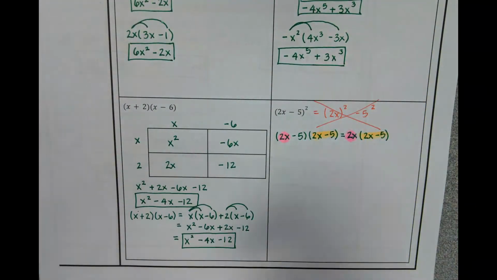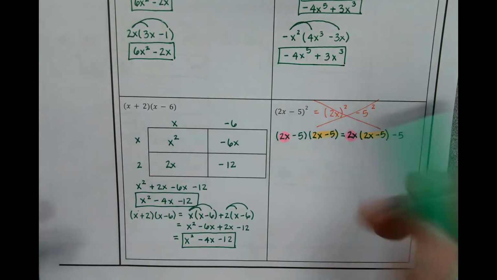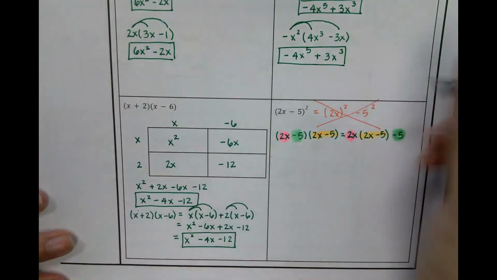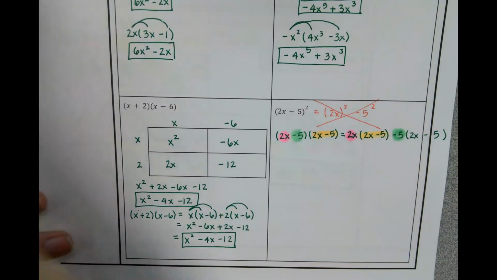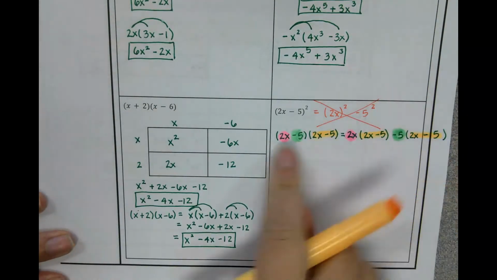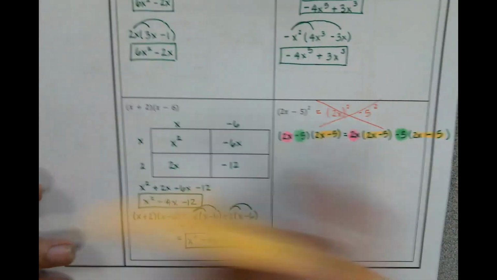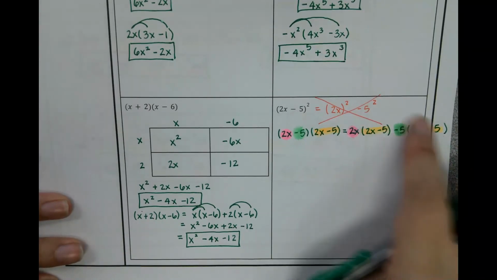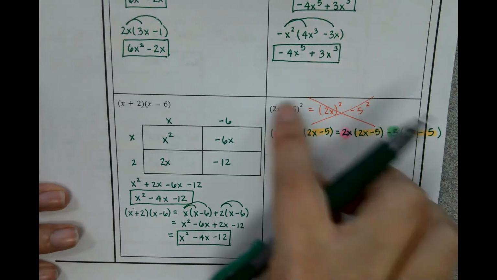Then I'm going to take this negative 5 here, and I'm going to distribute it to the 2x minus 5. So what I did is I took each term from the first polynomial and distributed it to the second. Okay? You might be like, Miss Ng, this seems like extra work. But if you write it like this, trust me, when we factor, it will help us to see how this can go back to this.